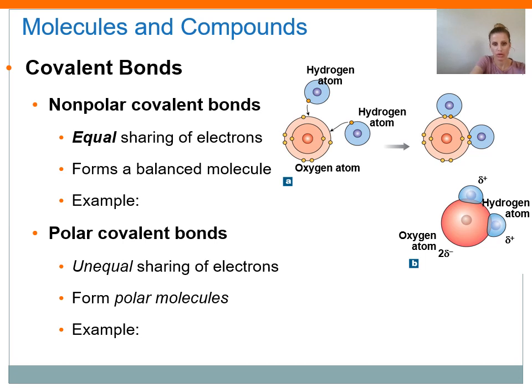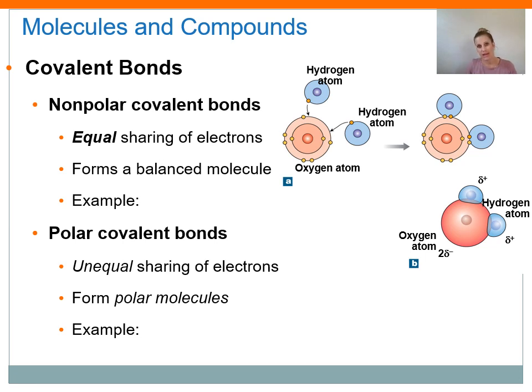A polar covalent bond exists when there is unequal sharing of electrons. So in this case, you have two atoms sharing electrons and one of them is a hog, right? He's a bigger, stronger atom. He's more electronegative. He hangs on to those electrons for much more of the time.